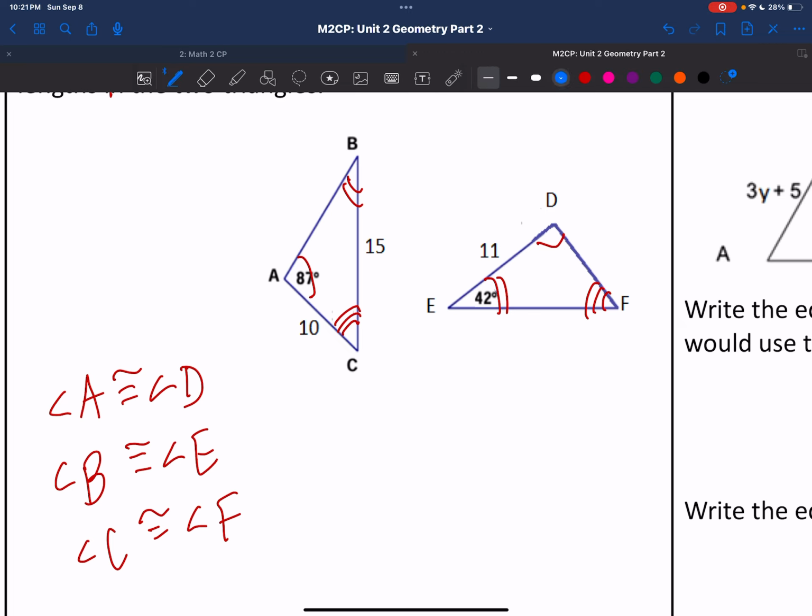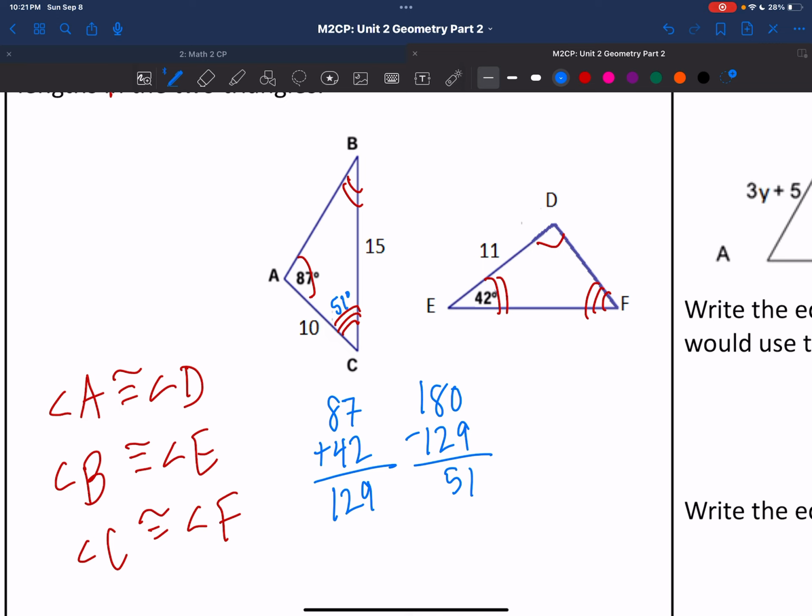we have to go 87 plus 42, which is 129. And then now to figure out what C is, we're going to go 180 minus 129, and that's going to give us 51. So we know that angle C is 51 degrees.